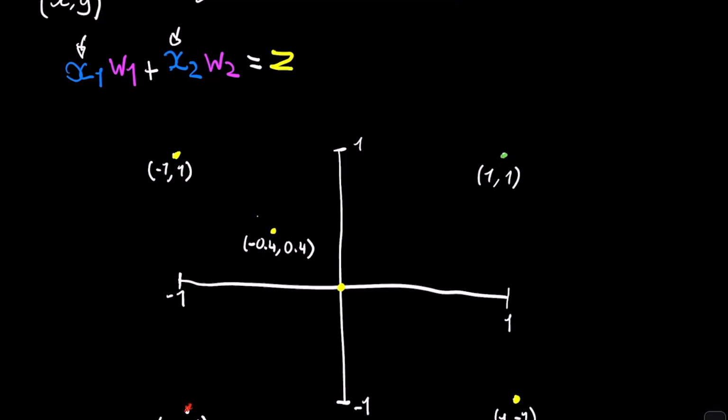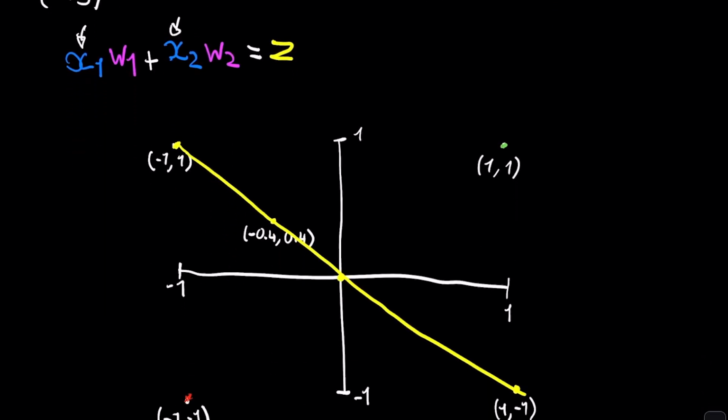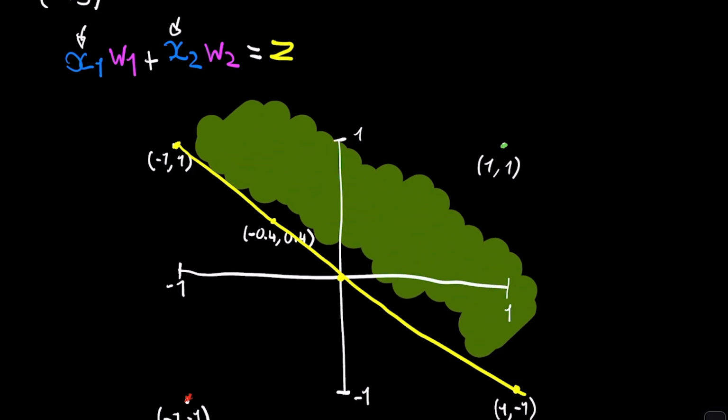Now, any point we'd sample on this line right here, you can draw it by connecting all these zeros, would return a score of 0 with this current weight configuration. That's pretty cool. Now, any point we can think of on this side of the line, all the way to infinity, would return a score whose sign is positive. So it would be classified as one category.